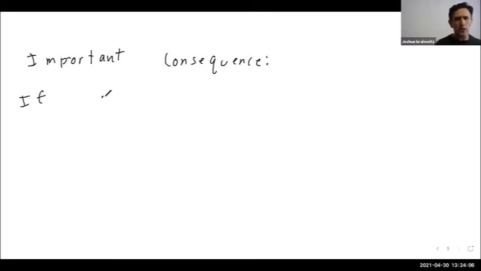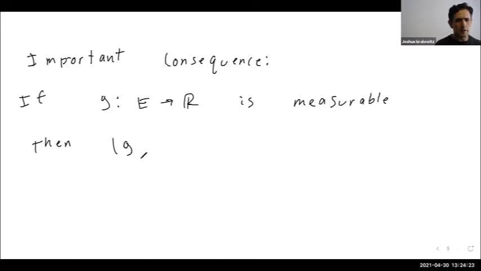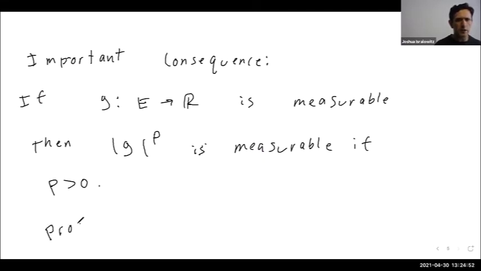Okay, so if we have a g, E is measurable, and this is measurable, then the claim is that the absolute value of g to the p is measurable if p is positive.